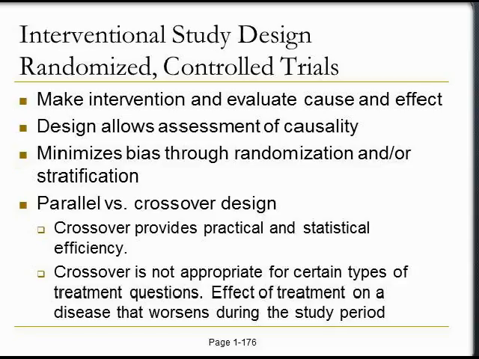Patients worsen, sometimes very quickly, in which case a crossover design study may not be appropriate and is typically not employed, because by the time we cross that subject over to the second therapy, their disease is worsening. So in heart failure, typically parallel design studies are the ones that are employed.